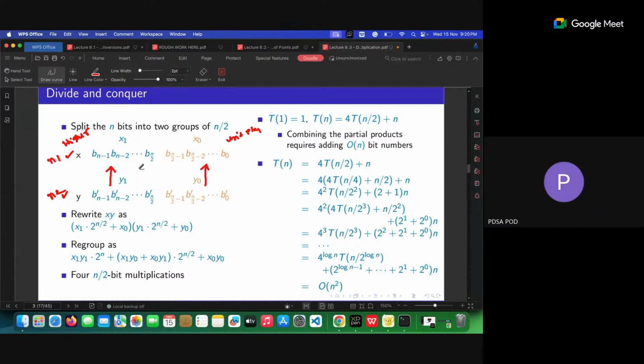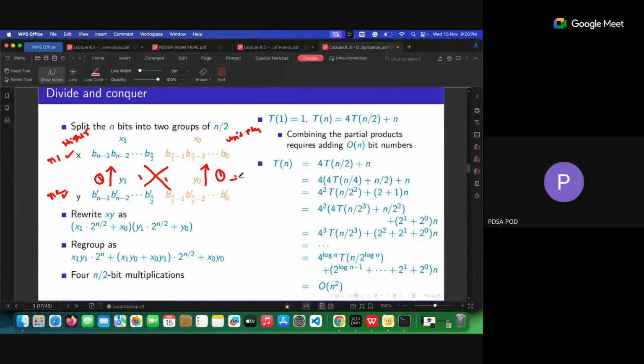Then across the boundaries, each bit of x1 with y0, and we do the multiplication across boundaries, so y1 with x0. So here we do 1 multiplication, this is 1, this is 1, and this is 1.